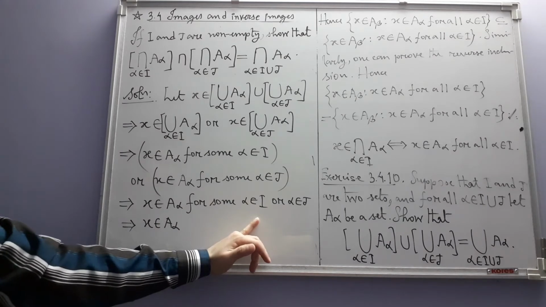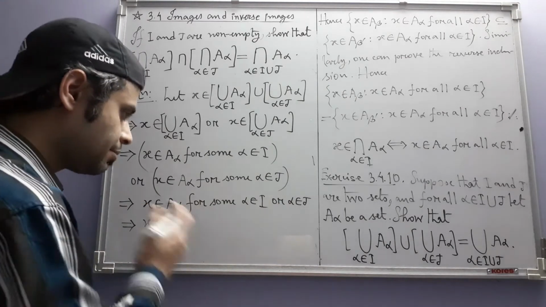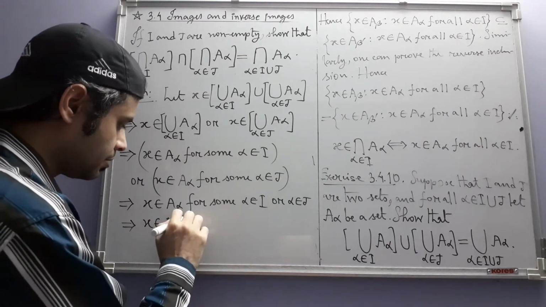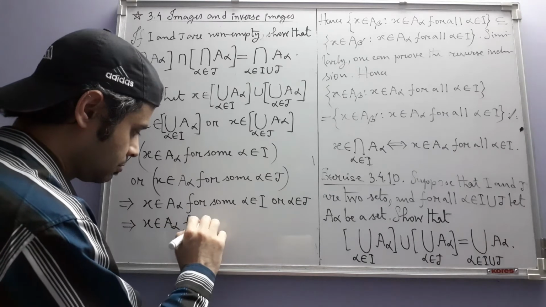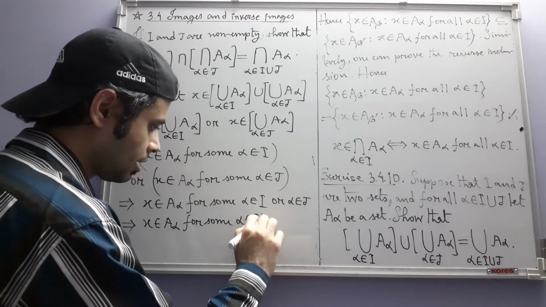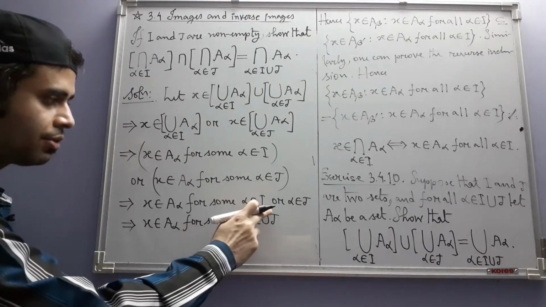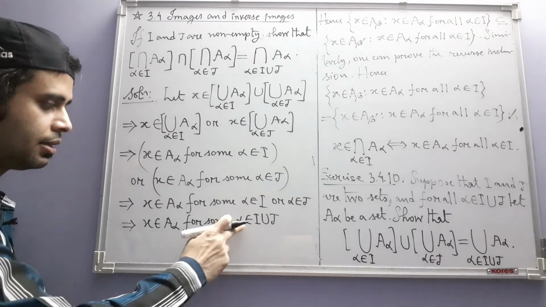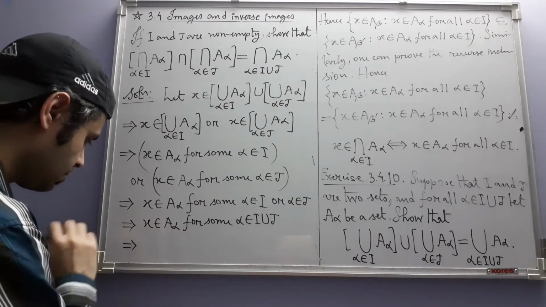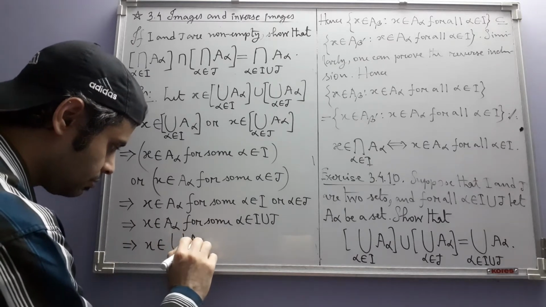One of them is I and the other is J. So in any case x will belong to A alpha for some alpha belonging to I union J, because if alpha is in I or alpha is in J, then it has to be in I union J, and that's why x belongs to this.